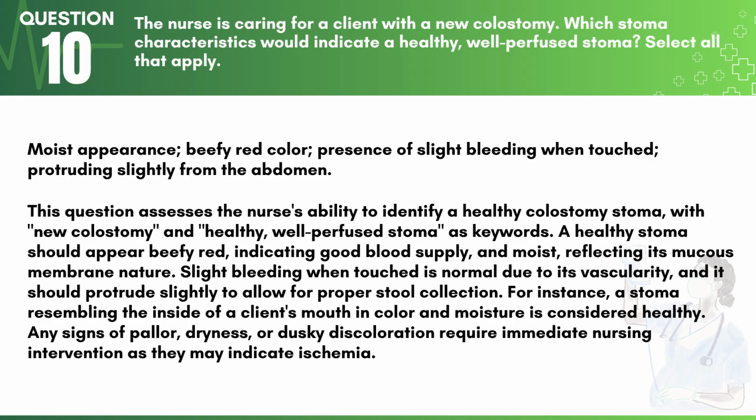Slight bleeding when touched is normal due to its vascularity, and it should protrude slightly to allow for proper stool collection. For instance, a stoma resembling the inside of a client's mouth in color and moisture is considered healthy. Any signs of pallor, dryness, or dusky discoloration require immediate nursing intervention as they may indicate ischemia.